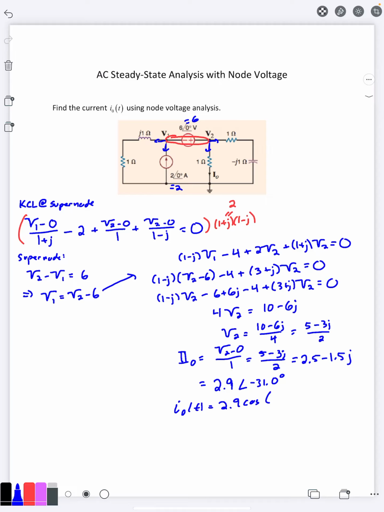Now we would need to put our omega here, but this problem does not give us any omega. All it tells us is what happens after it's converted. So we'll just leave omega here. It's whatever is going on. We don't know it, so we'll leave it as omega t minus 31.0. This is everything in terms of amps. And this gives us our final answer here.